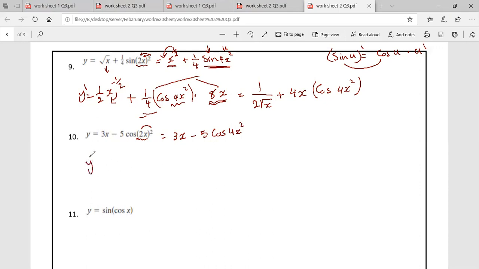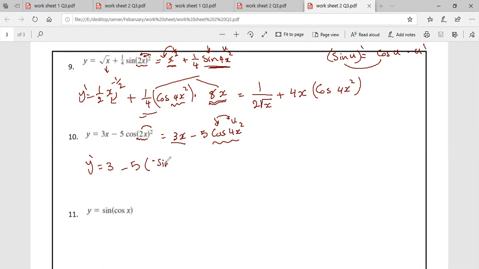Then now I apply the basic rule of differentiation. What is this one? 3, it is linear. This one will be the constant multiplied by the derivative of this function. How do we get it? That is u. Apply the rule: the derivative of the outer at u, then multiply the derivative of u. What is the derivative of the outer?